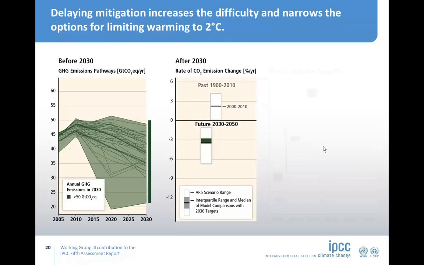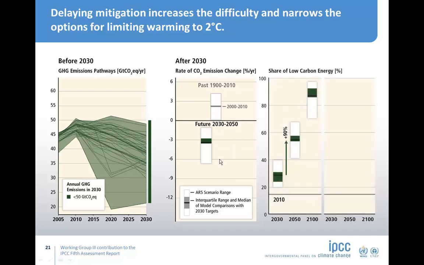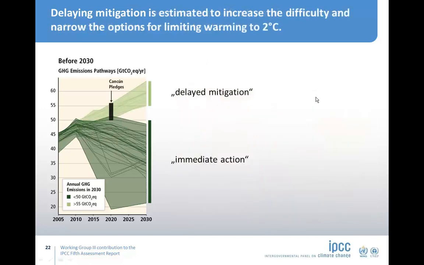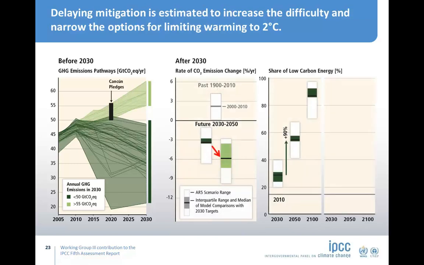So, looking at the rate of change, we need to start rapidly reducing our CO2 emissions going forward. And the shares of the low carbon energy, as we've just seen, need to move up so that most of our energy is low carbon. Okay, we'll talk about that.